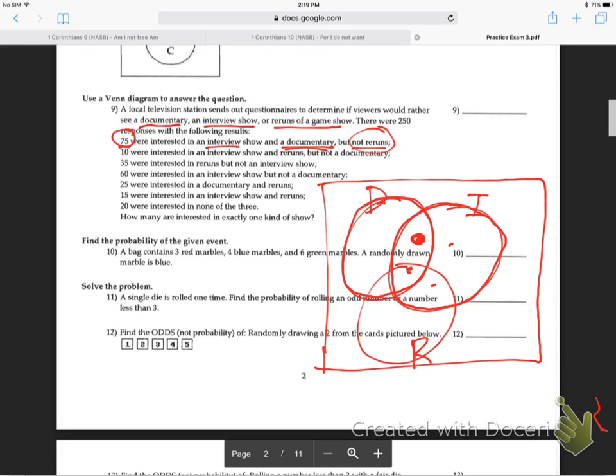That's the only section of the 8 that's in the I circle and the D circle, but not in the R. That's where the 75 goes. Right there. They're in the I and the D, but they're not in the R. See how it narrows it down to just one section when they give you 3 facts?